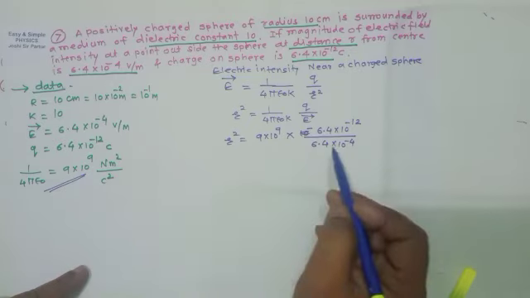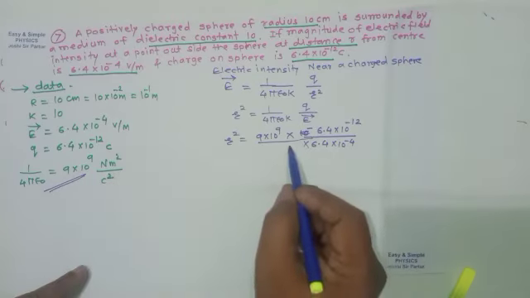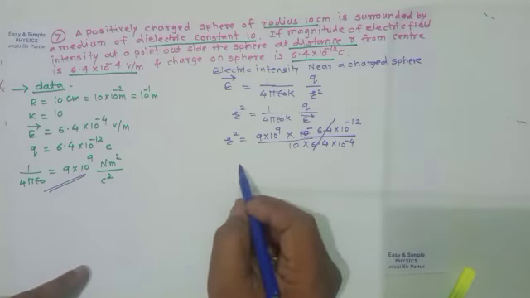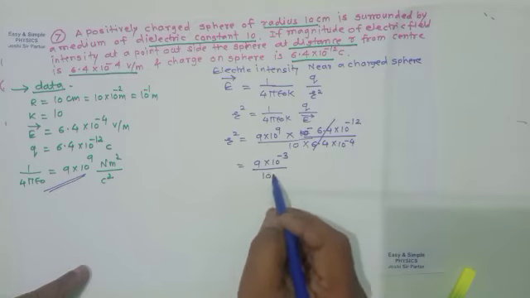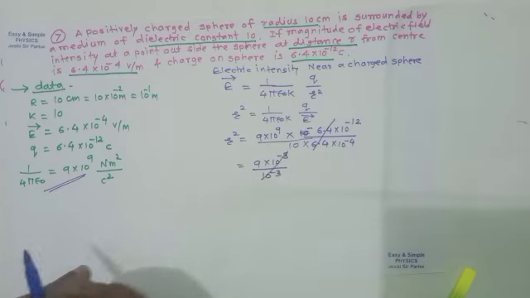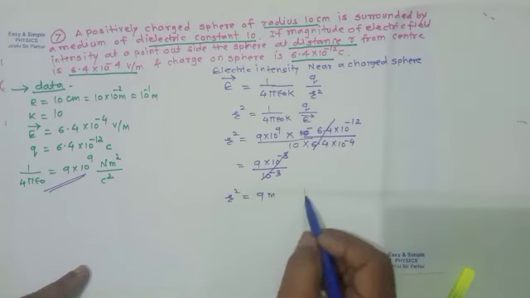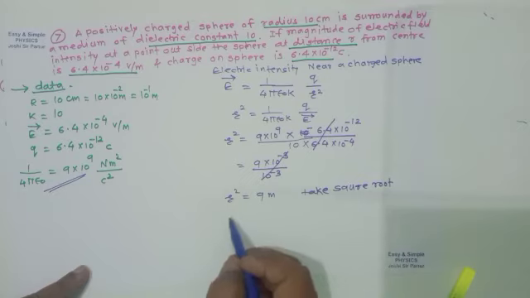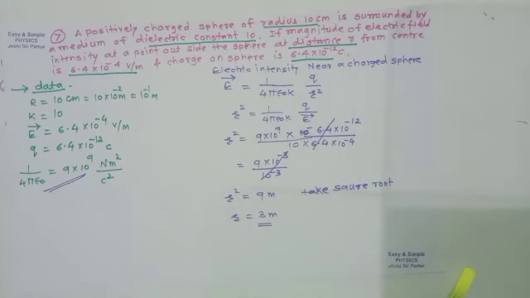So what happened? 6.4 gets cancelled. Here 9 into 10 raised to minus 3 upon 10 raised to minus 3. 10 raised to minus 3 gets cancelled. r square is equal to 9 meter square. Take the square root. So small r is equal to 3 meter, which will be the answer for the given example.